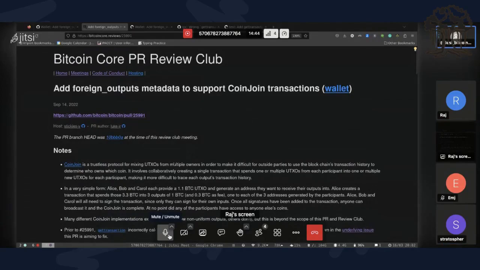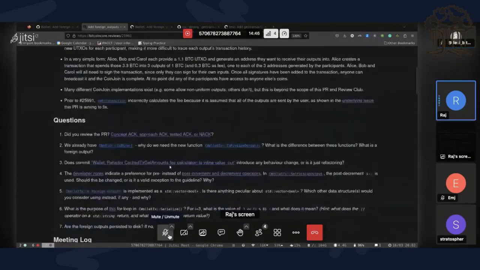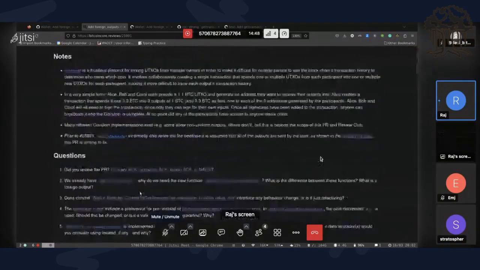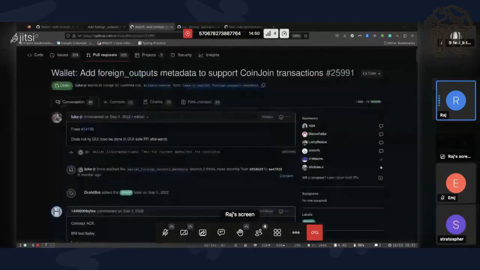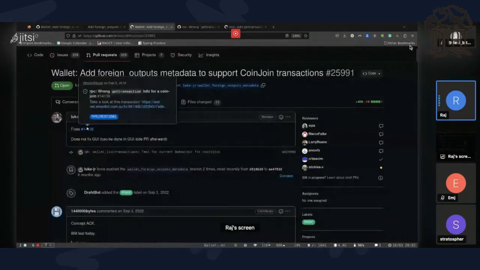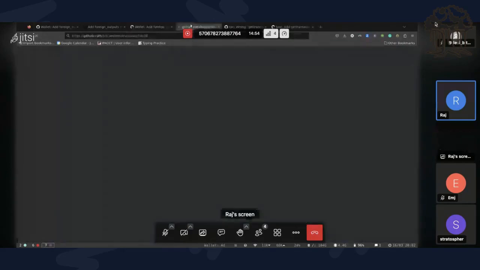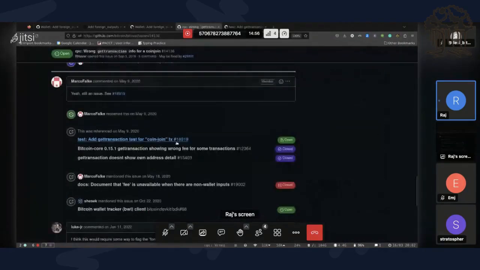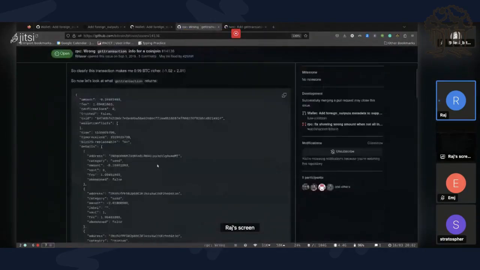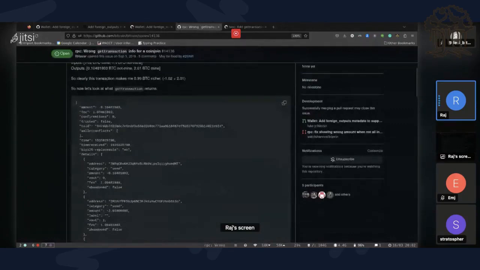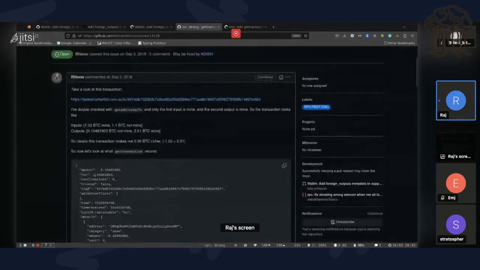Okay, cool. So let's get started into this PR, which doesn't have any description, but it says it fixes this issue. And this issue is about a transaction where the fee and the amount of the get transaction call doesn't match with the actual fee that it should be, right?